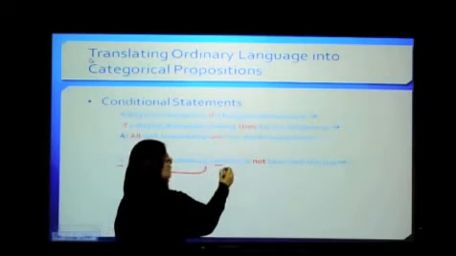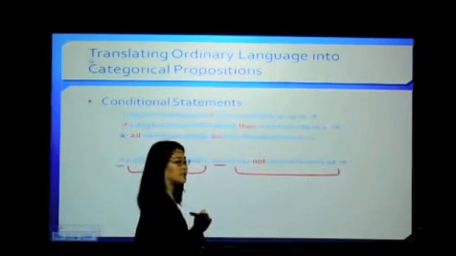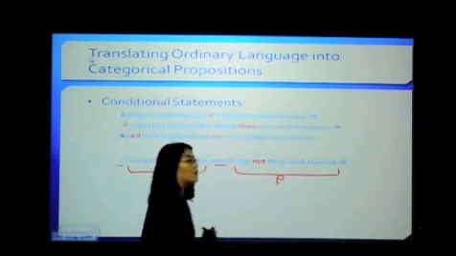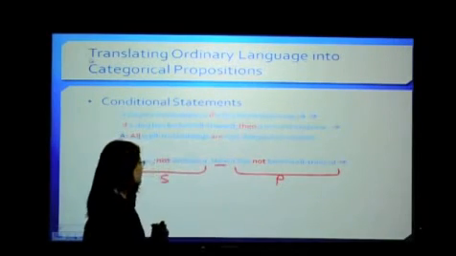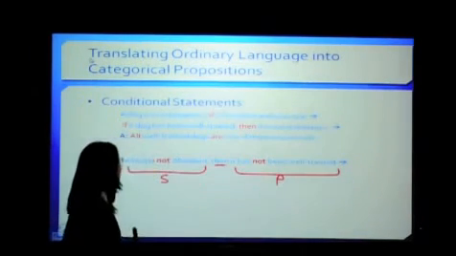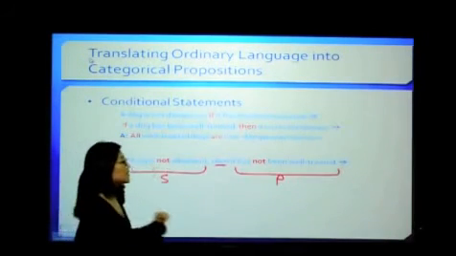What comes after the then is the consequent, and the consequent will always be the predicate term of the standard form categorical statement. So here we have a conditional statement where there's a negation in both the antecedent and the consequent.